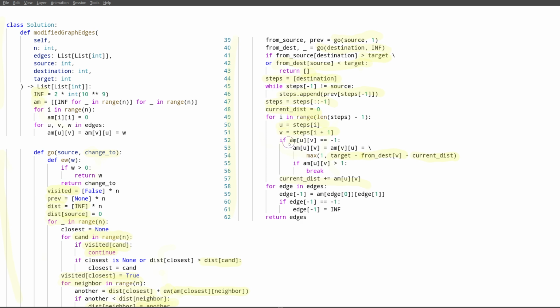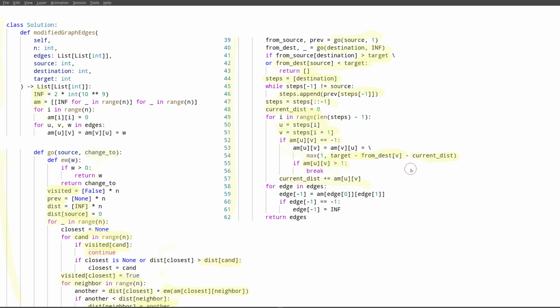So if that's an edge that we have control over, we have to set it to some value, at least equal to 1. Otherwise, we just take its value. And if at that point we set it to a value greater than 1, then this is our opportunity to end running the algorithm, because now we know that this path will be equal.